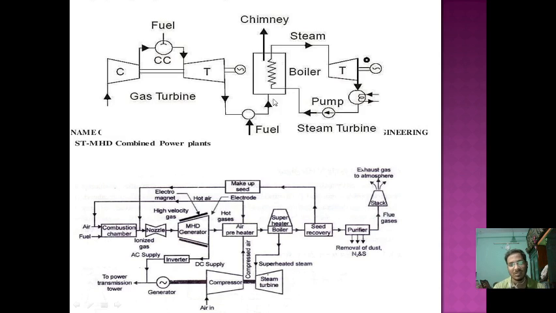In that exchanger a chimney will be there, where the exchanged heat energy is transferred to the water, or water side tube, and the water becomes steam, and then the steam goes to the turbine.